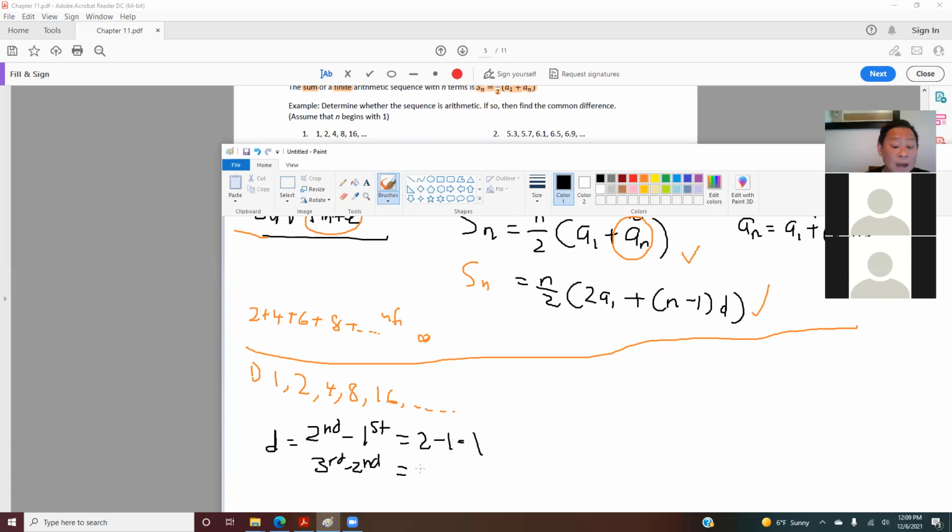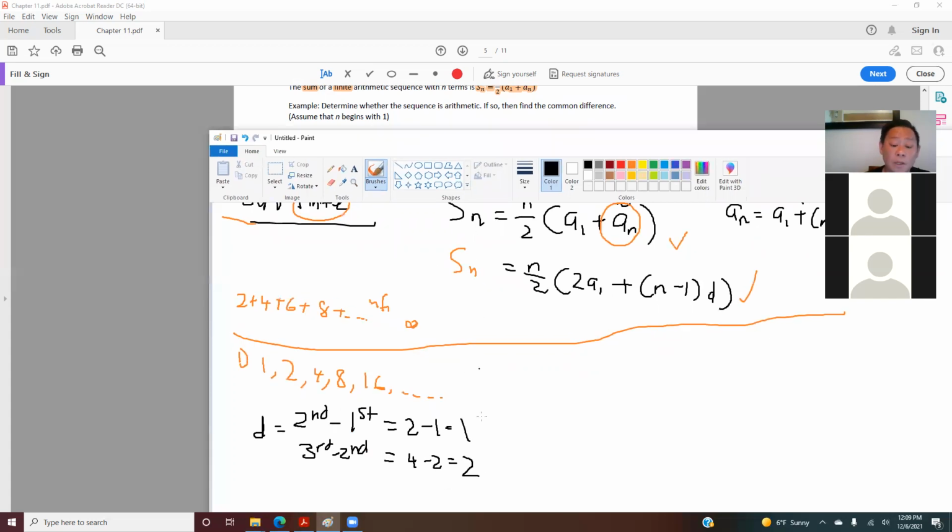So in this case, 4 minus 2 is 2. So you find out that this is not the same, because in order for it to be arithmetic, these 2 should be equivalent. Since this is not equivalent, this is not an arithmetic sequence.